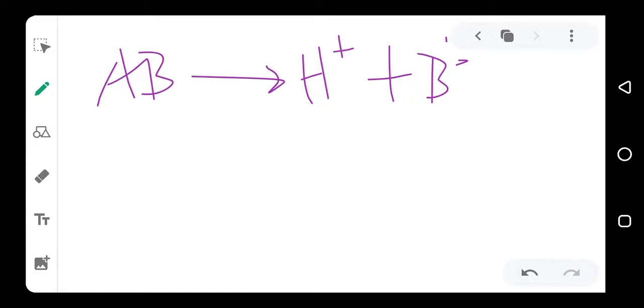So we are looking at 1 mole of this acid, how many moles of hydrogen ion will it produce? Then we compare it with the concentration given to us in the question. How many moles of the hydrogen ion or hydroxyl ion will it now produce? I will make it clear when we start solving the question. Okay, that is step 2.